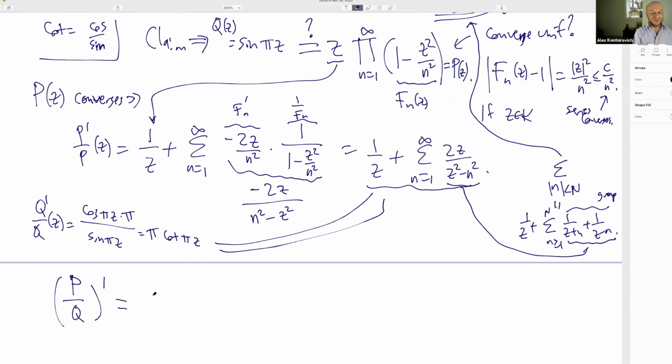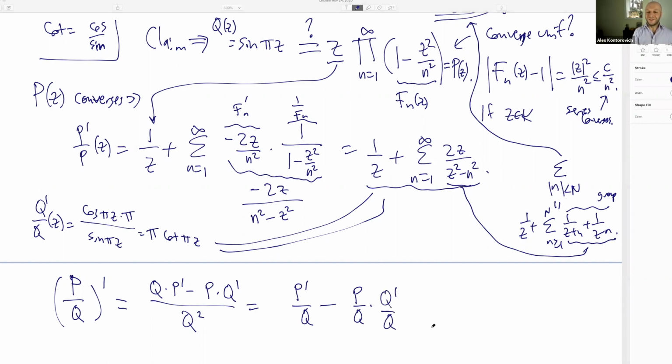Everybody knows the quotient rule: bottom times derivative of the top minus top times derivative of the bottom, all over bottom squared, which we can simplify as P prime over Q minus P over Q times Q prime over Q. If I pull out a P over Q, I have to pull in an extra 1 over P, and then I'm left with a Q prime over Q. This is maybe the better version of the quotient rule that people should learn but don't.